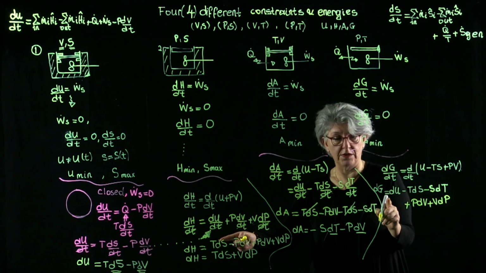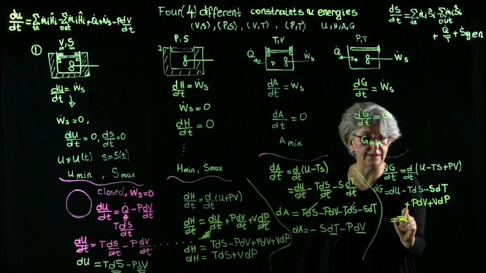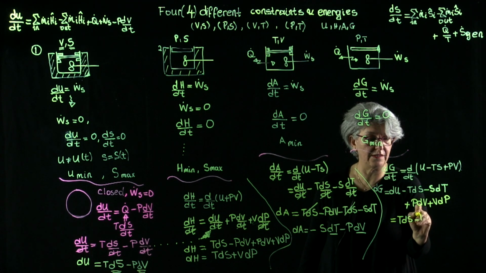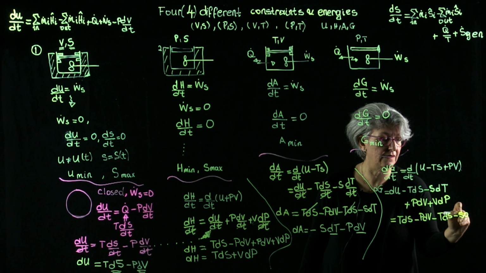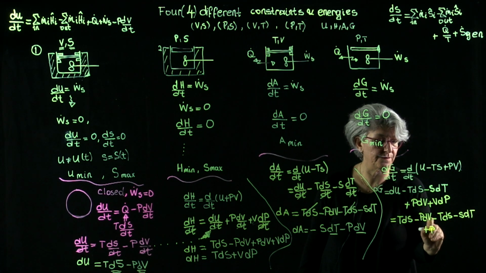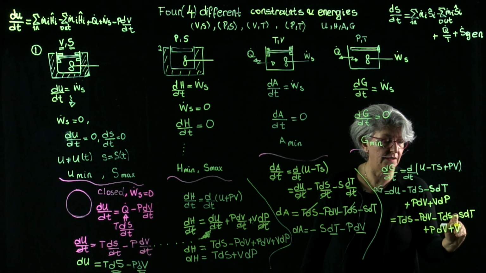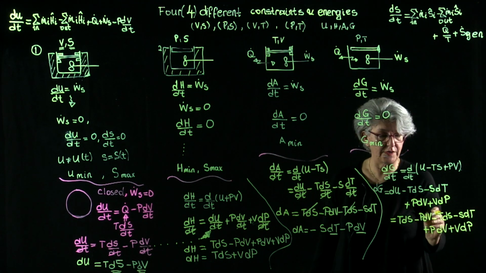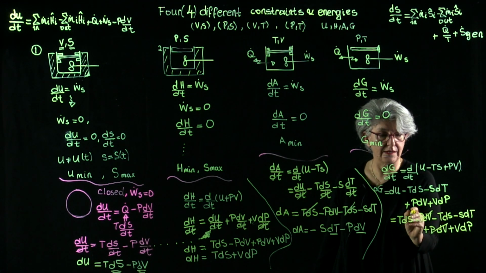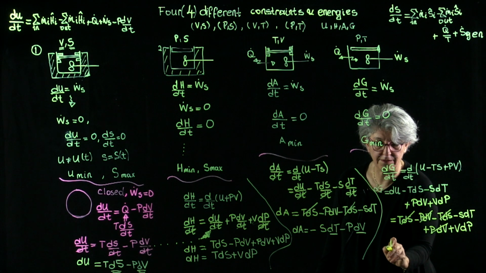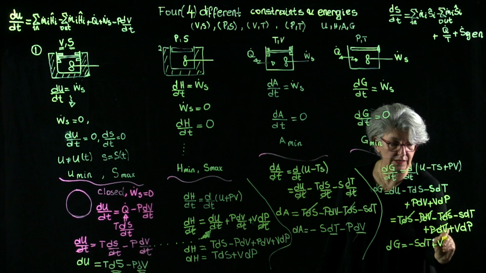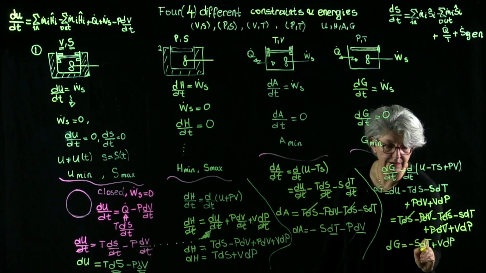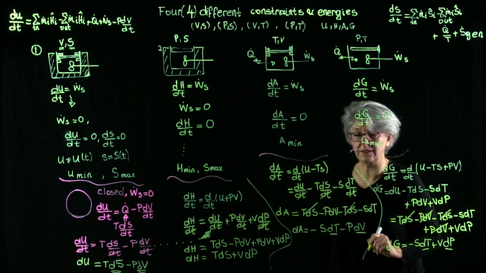I will bring dU as T dS minus P dV, minus T dS minus S dT plus P dV plus V dP. We now cancel these to have dG equal to minus S dT plus V dP. G is a function of temperature and pressure.